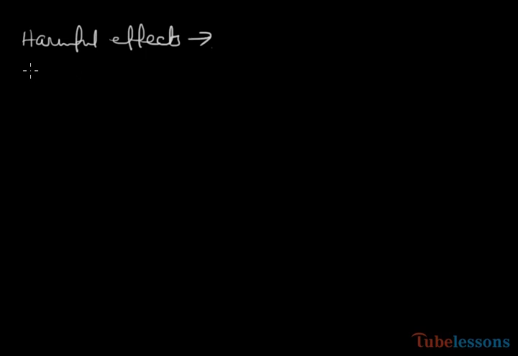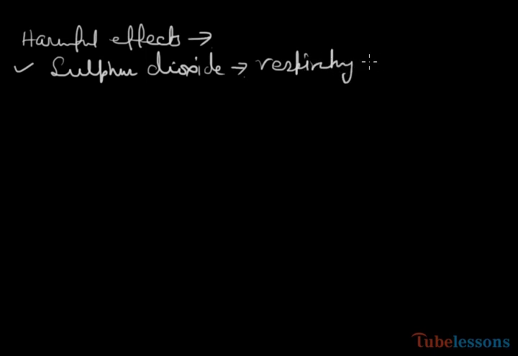Say, for example, sulfur dioxide in air causes respiratory problems, lung disease or lung damage, and is also a cause of acid rain.